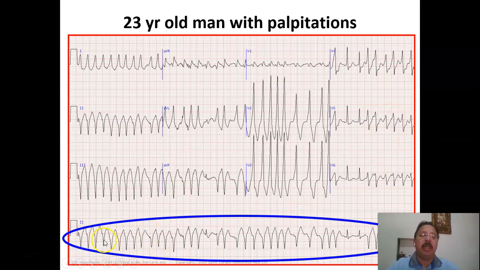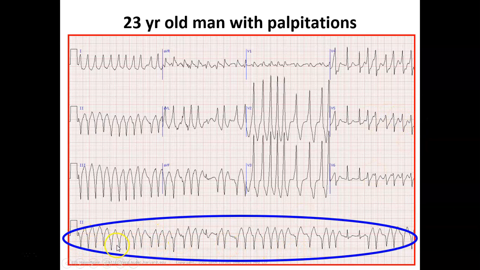So look at this ECG at the bottom of the ECG strip. This looks like wide complex tachycardia. So the differential diagnosis is here. It may be supraventricular in origin or maybe ventricular in origin. If it's supraventricular in origin, it may be SVT or maybe it's atrial fibrillation.